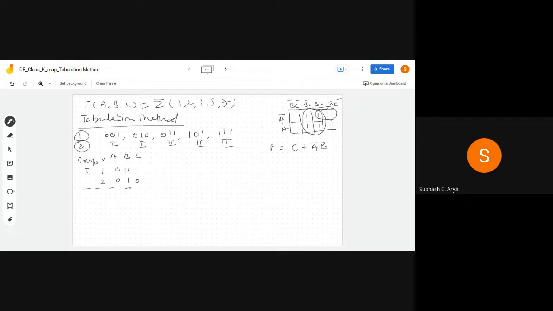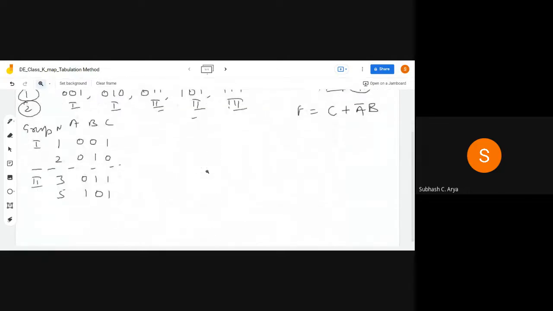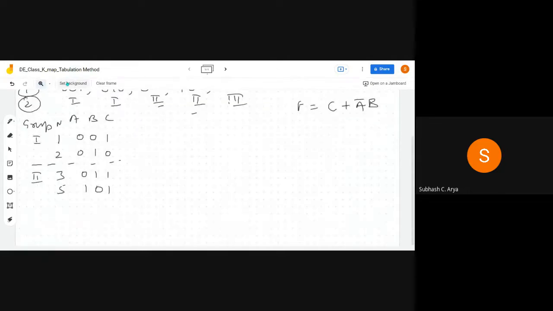Then I will write here group 2, and in group 2 we again have two numbers, that is 3, which we can write like this 0 1 1, and 5, 1 0 1. I think you are able to understand that we are grouping these numbers as per the number of ones present in each.